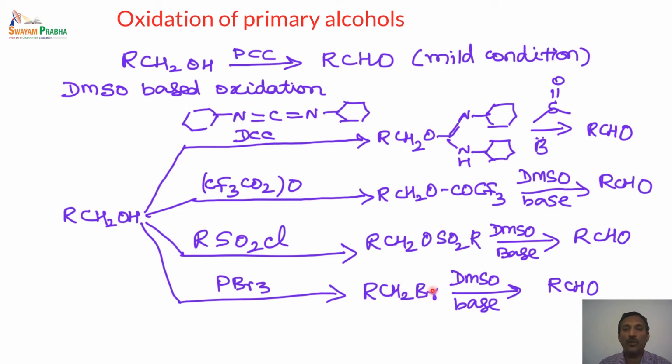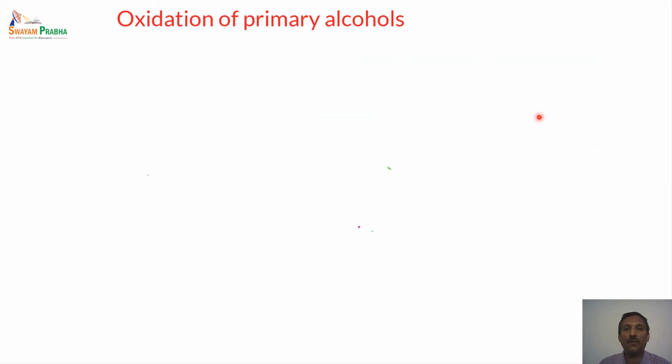So these are all the oxo derivatives. If you look here, the trifluoroacetate or the sulfonate esters, these are all the esters of oxygen. So these are oxygen derivatives, and these derivatives can be converted to the aldehyde by treatment with dimethyl sulfoxide.